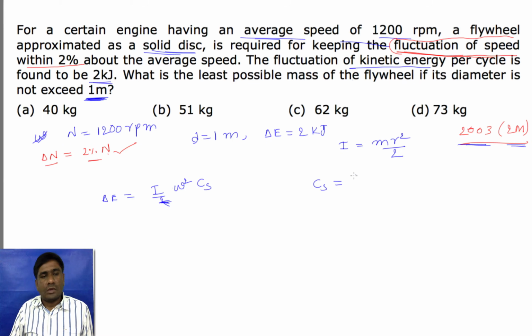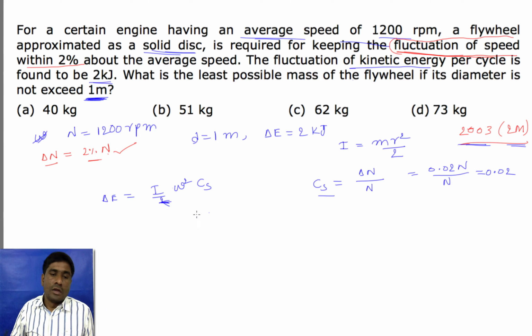Otherwise we can write delta n by average speed n, but we know delta n equal to 2% of n, so 0.02 n by n. How much? This is 0.02. This is the Cs, and we know omega also, that is in terms of n.